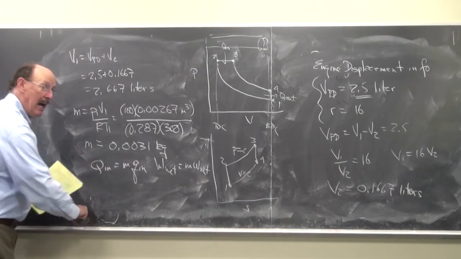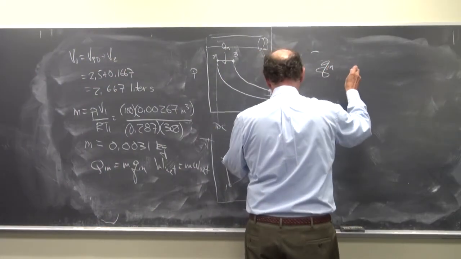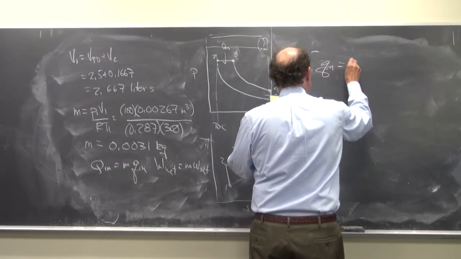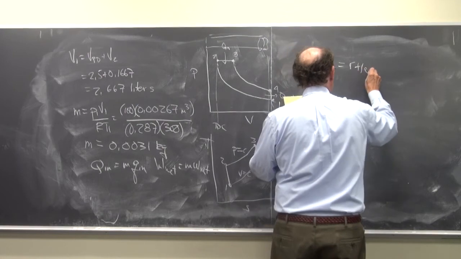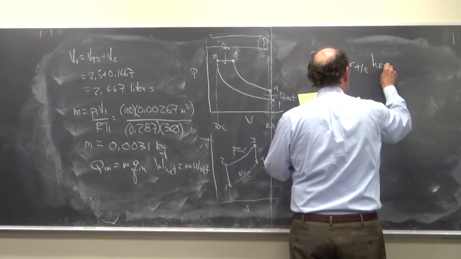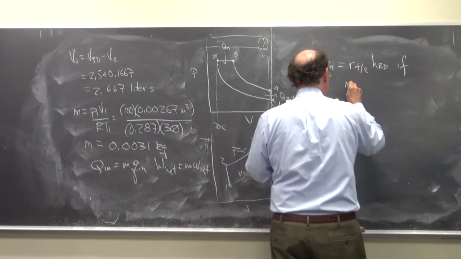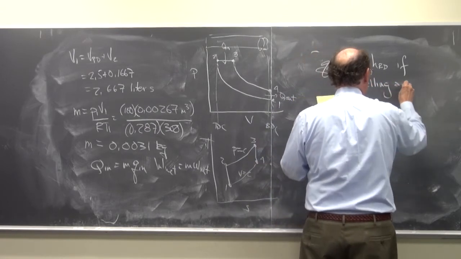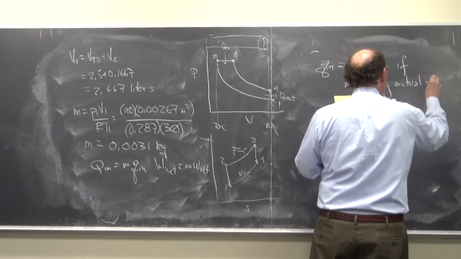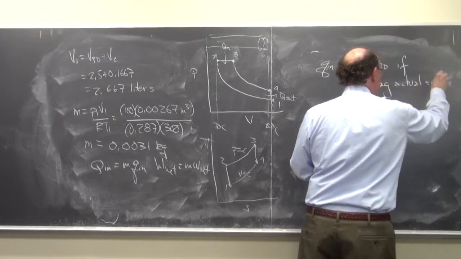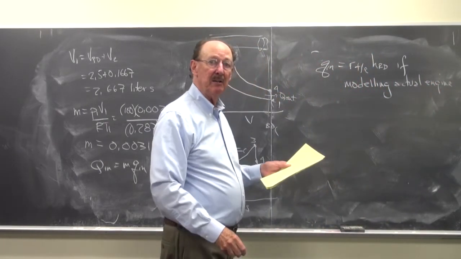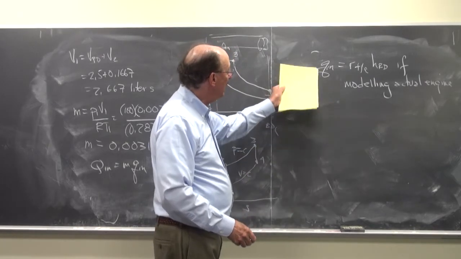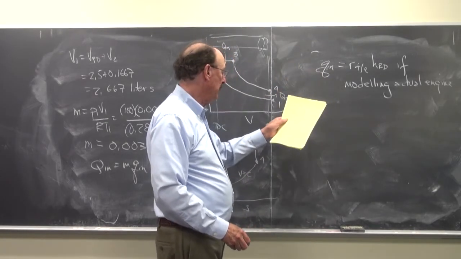And how do we get the Qn? Qn is equal to the fuel-air ratio times H sub RP if modeling an actual engine. So one of the things is we need the fuel-air ratio, and that'll give me the Qn value.